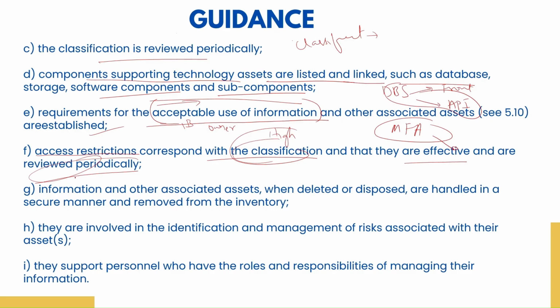And all these controls, whatever you apply, access restrictions should be periodically reviewed. You have to come back and see who all is logging into your server. It is your responsibility as an owner to check whether there are proper access restrictions and whether they are reviewed properly or not.